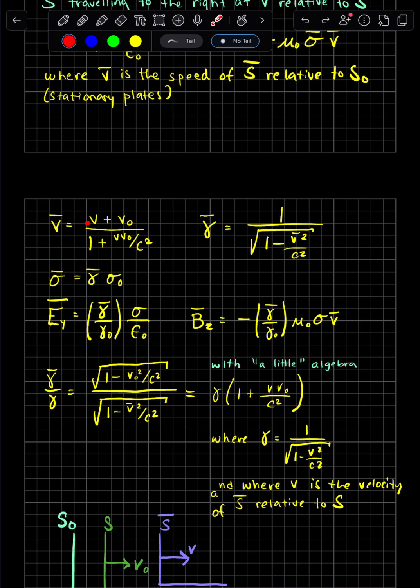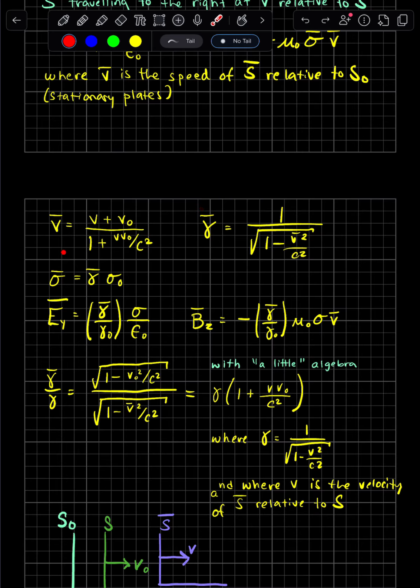It's equal to the velocity of S bar relative to S plus the velocity of S relative to the stationary frame S naught, divided by 1 plus v v naught over c squared. This is the velocity v bar of S bar relative to the stationary frame, and the corresponding gamma bar is going to be 1 over the square root of 1 minus v bar squared over c squared.